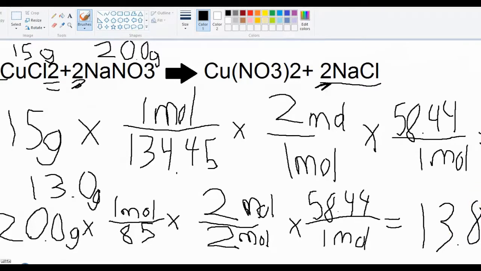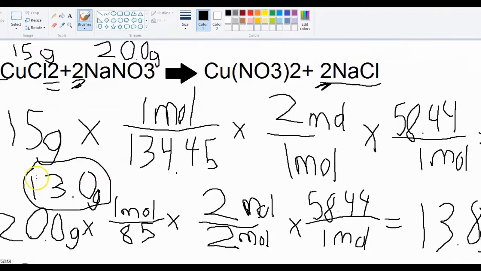So, part C of the question is asking which is our limiting reagent for the reaction in part B, and that is going to be 15 grams of copper chloride. The reason is because 13.0 is less than 13.8.